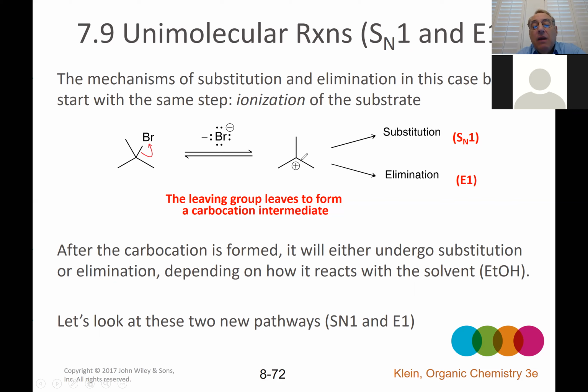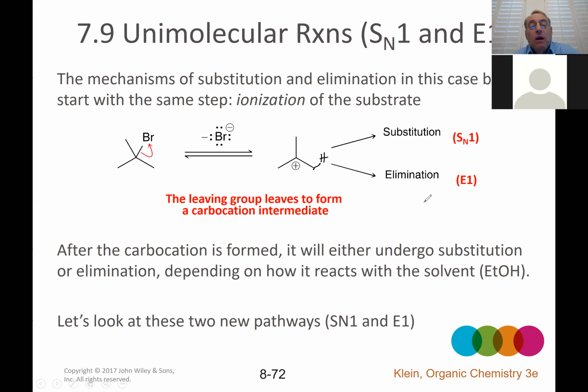And then that intermediate can either react with a nucleophile to form a substitution reaction. That's called SN1. Or the nucleophile acts as a base, attacks the beta hydrogen and forms an alkene, the elimination product. That's E1.